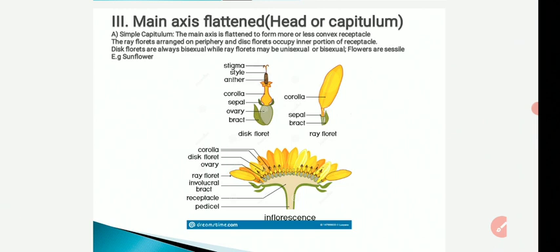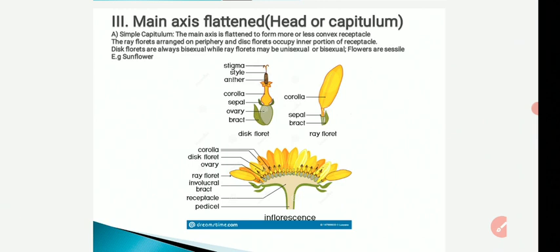The ray florets may be unisexual, that is female, or bisexual, but disc florets are always bisexual, and they bear the seeds. The best example of this head type of inflorescence is the sunflower. Or we find this type of inflorescence in Tridax procumbens also.